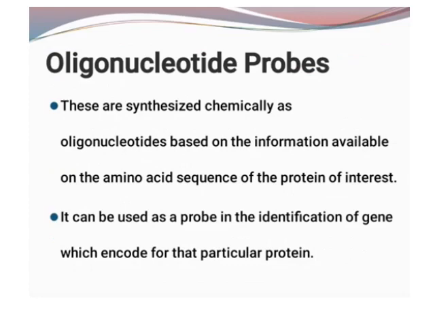These oligonucleotide probes are synthesized chemically based on the information available on the amino acid sequence of the protein of interest. They can be used as a probe in the identification of the gene which encodes that particular protein.